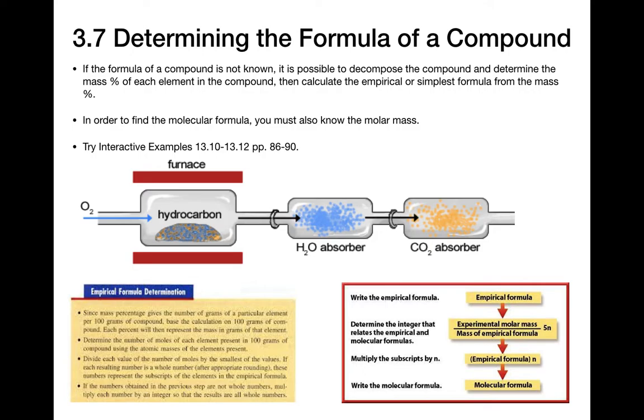One way that can be done is if you have, say, a hydrocarbon, something with just hydrogen and carbon, you could burn it in a furnace with oxygen, take the exhaust from that, and use a water absorbent chemical to extract the water from the exhaust, and then use a carbon dioxide absorber to extract the carbon dioxide, weigh the amount of water, weigh the amount of carbon dioxide, and then convert from water to hydrogen, convert from carbon dioxide to carbon, and then figure out your percent carbon and your percent hydrogen in the hydrocarbon.